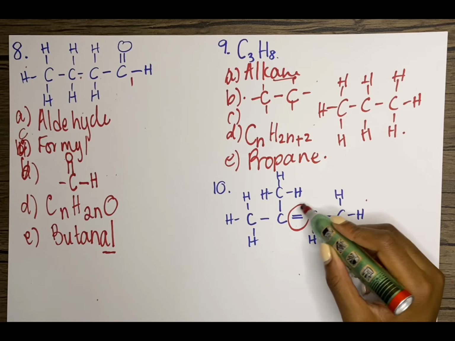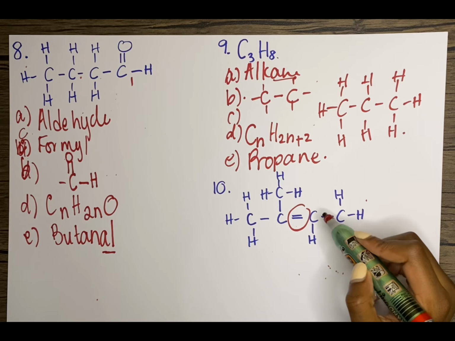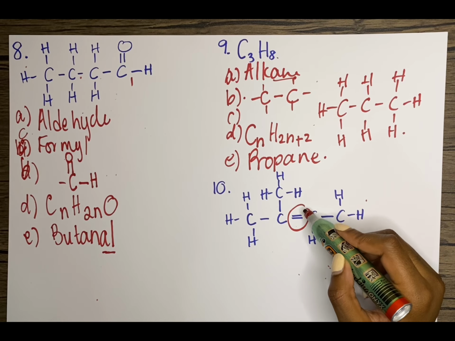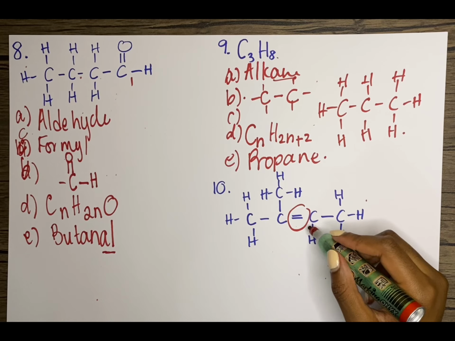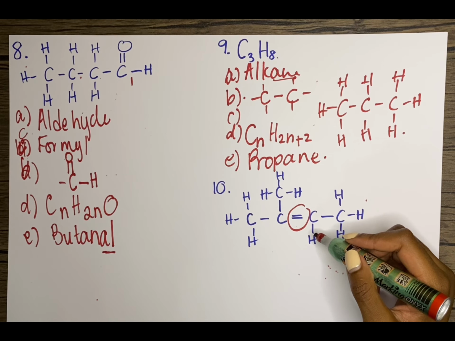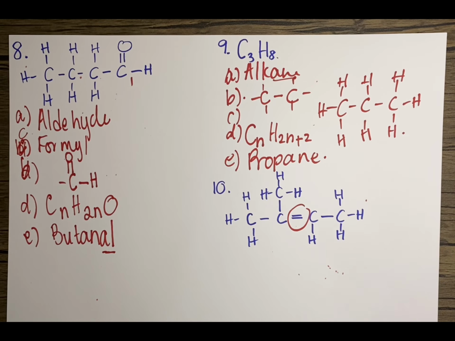So you have to prioritize the double bond, which means if I number from the left 1, 2, the double bond is in position 2. If I number from the right 1, 2, the double bond is still in position 2, right?